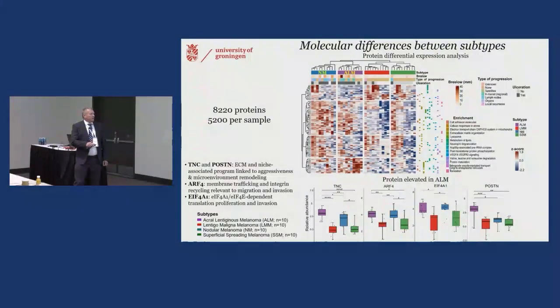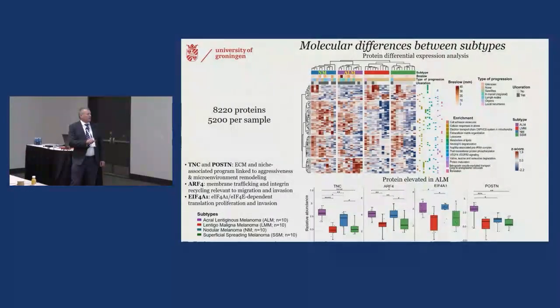And here you see some of the markers that are upregulated in this acral lentiginous melanoma. You see here 4 genes, 2 genes, TNC and POSTN, are related to extracellular matrix remodeling and microenvironment remodeling, and POSTN is only upregulated in this acral melanoma.